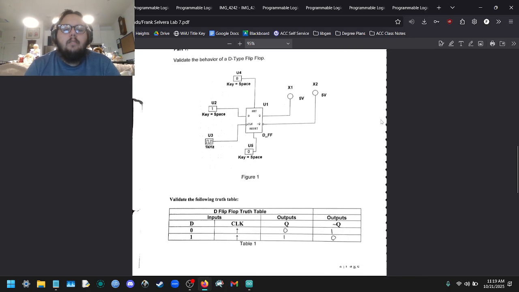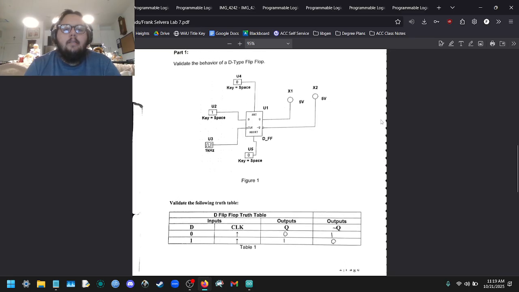This is the D-type flip-flop we were tasked with creating, and here are my predicted values. When the D input is 0, while there is a clock pulse, the output should also be 0, and the inverse output should be 1.